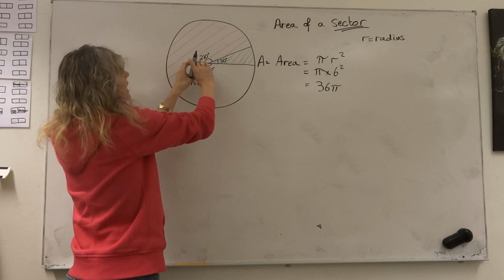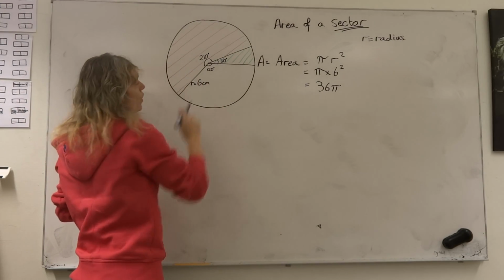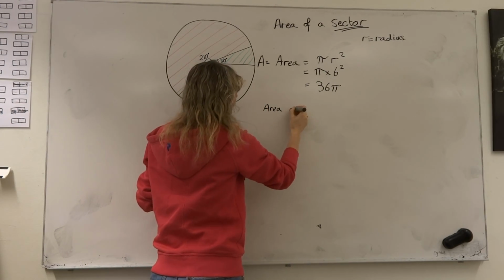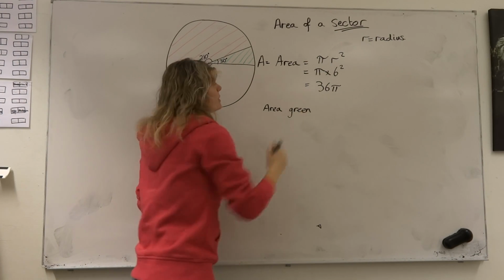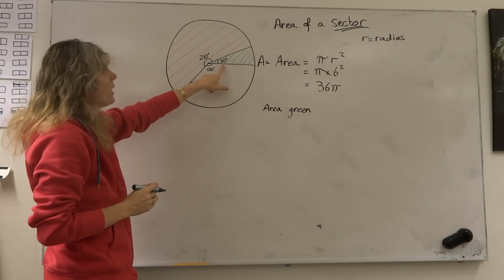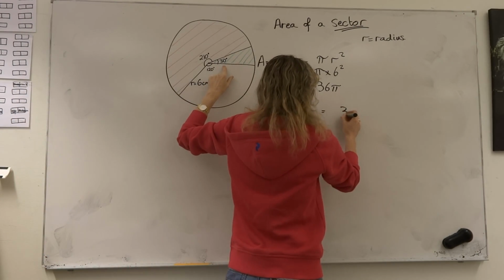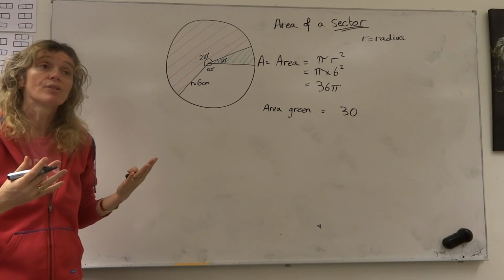Now, a sector is like a piece of pie from a circle. So if we were to look at the green one here, we would like the area of the green sector. We know that the whole circle is 36 pi, but what do we know here? We know that there are 30 degrees. But how many parts are there in a whole circle? 360.